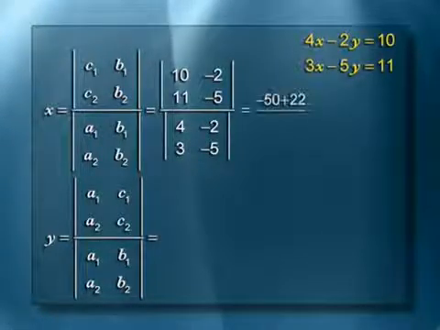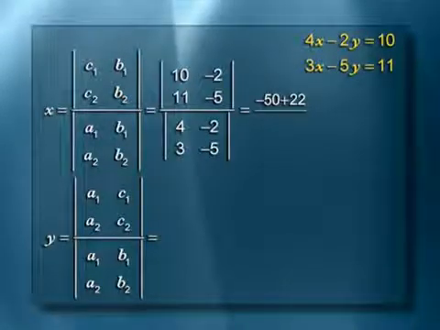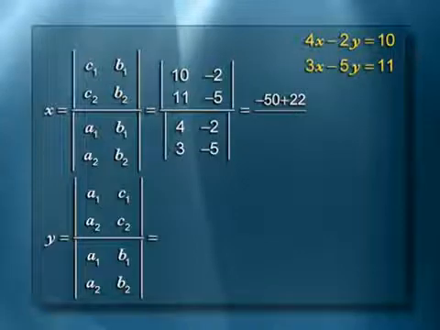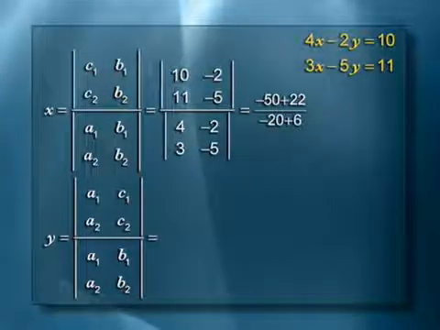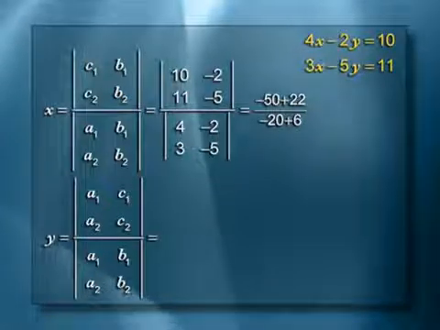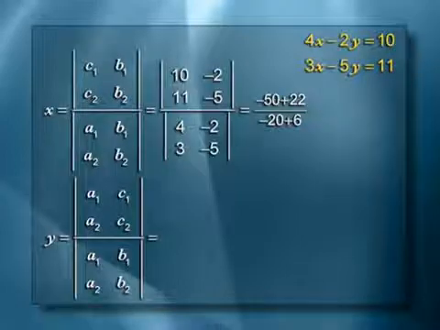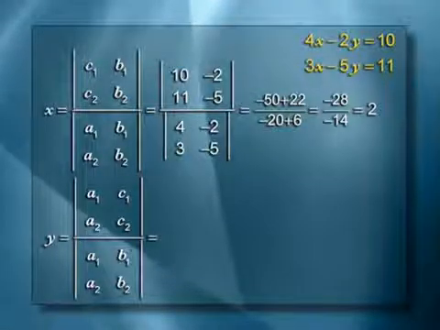Well, the top one is plus 22, 11 times minus 2, but you subtract that, so it's plus 22, divided by 4 times minus 5 is minus 20 plus 6. And then simplify that, minus 28 over minus 14, that equals 2. So x is 2. And I found it explicitly.